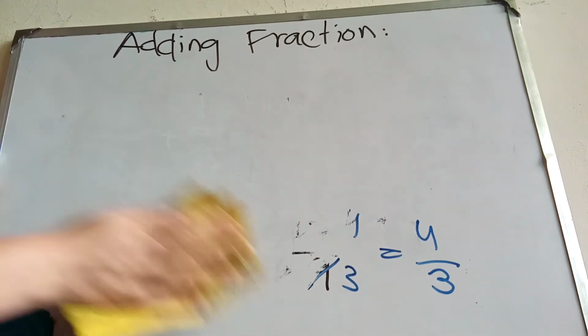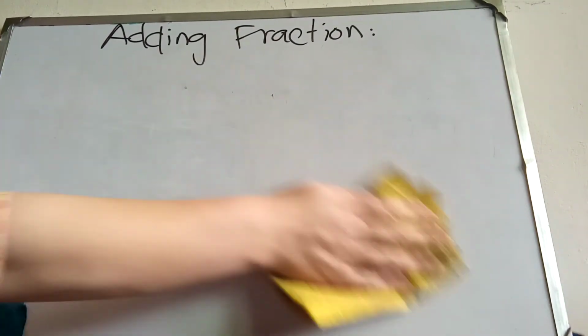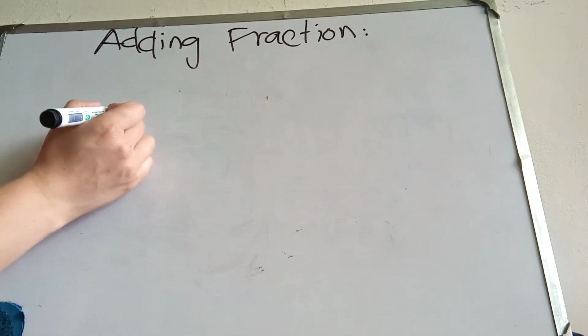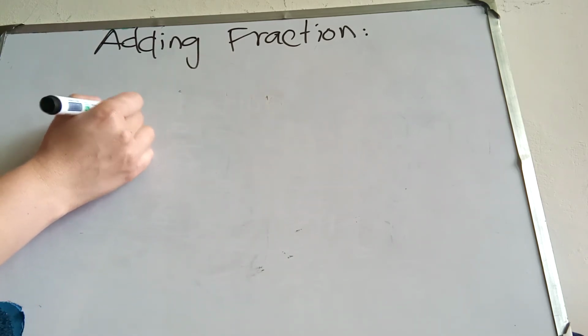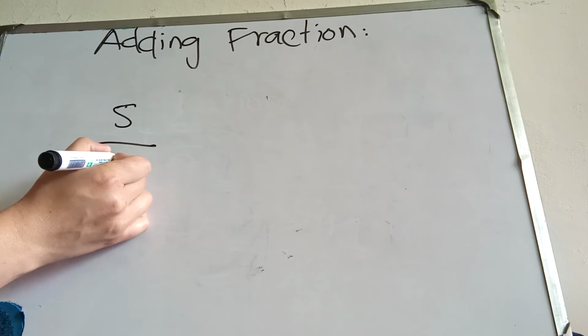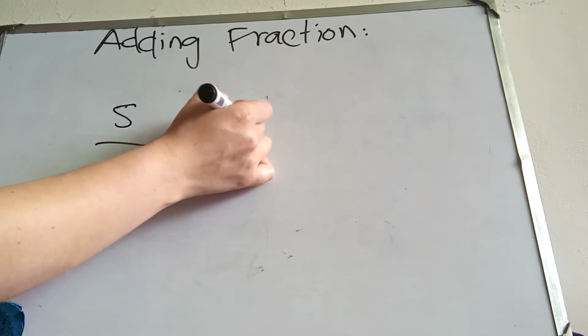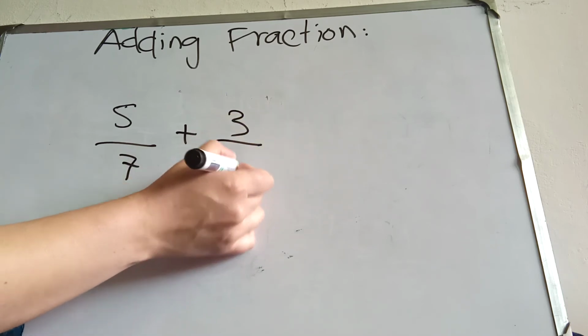Now the third one is, what about fractions which are unlike and their denominators cannot cancel each other? For that, for example, 5 over 7 plus 3 over 2.